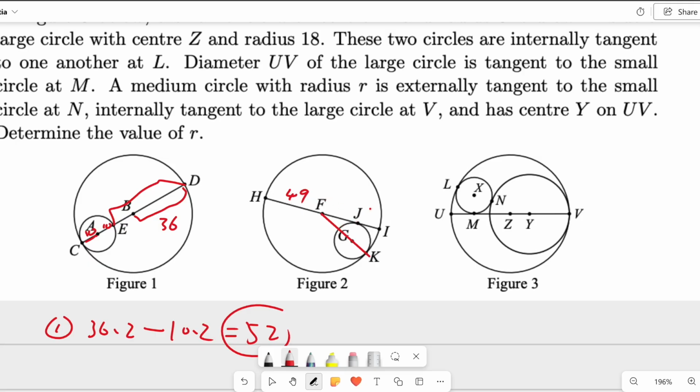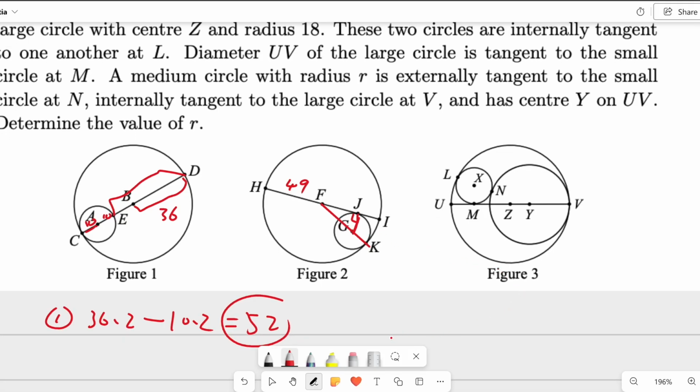And then, since FI is tangent to the circle centered at G, as fact 2 said, GJ is perpendicular to line FI. So right now we can form a right angle triangle, and we can just apply the Pythagorean theorem. Then we can find the value of FJ, which is what we're looking for.